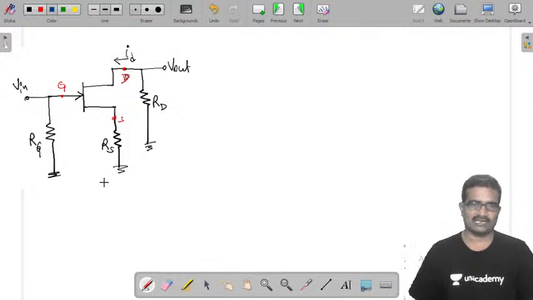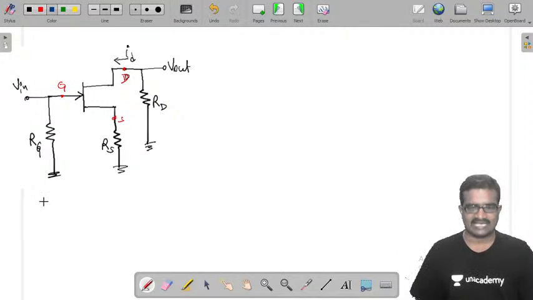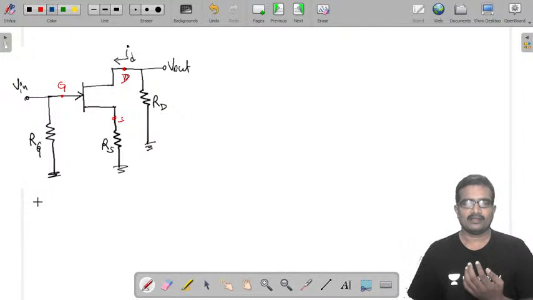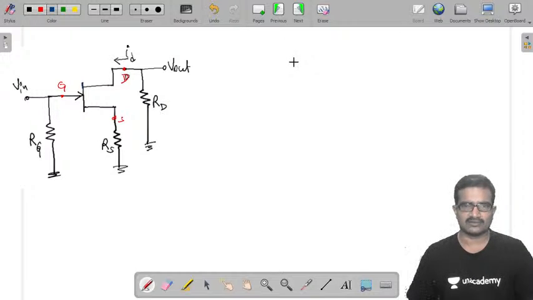And one more thing, for my easy understanding purpose, I am omitting the channel length modulation effect. Okay, it's not an issue.